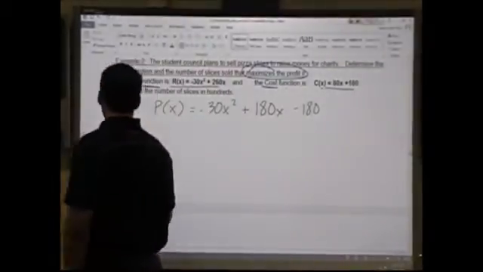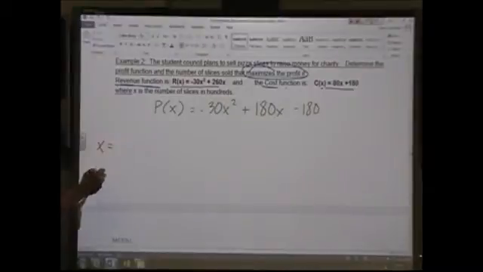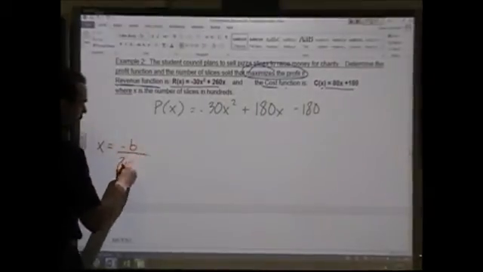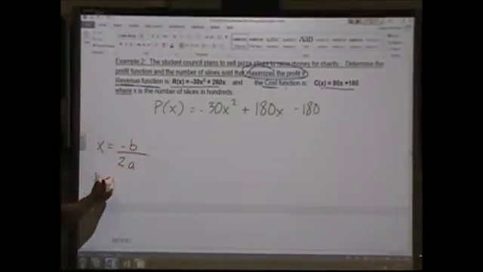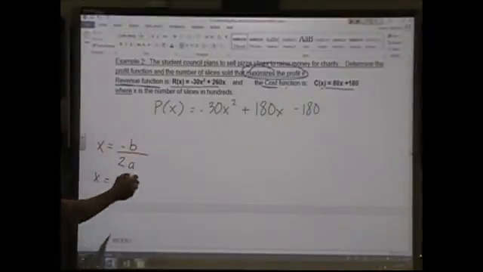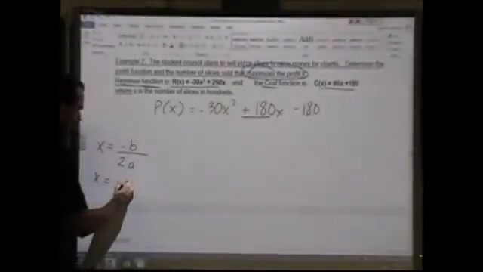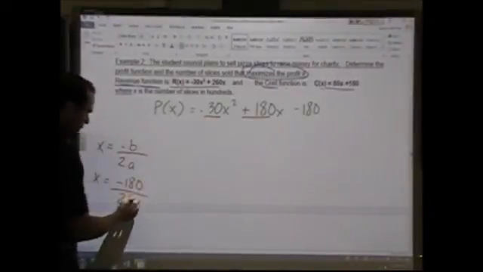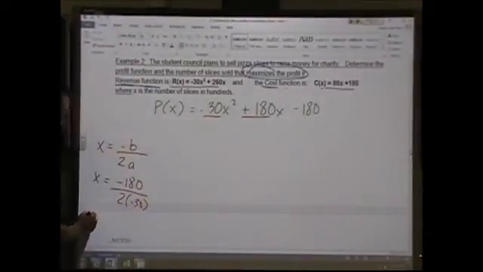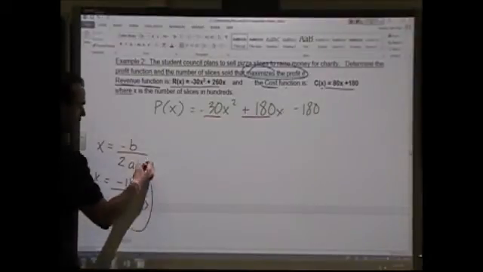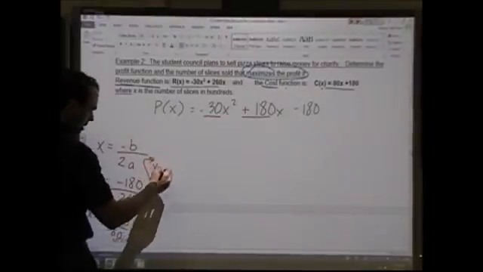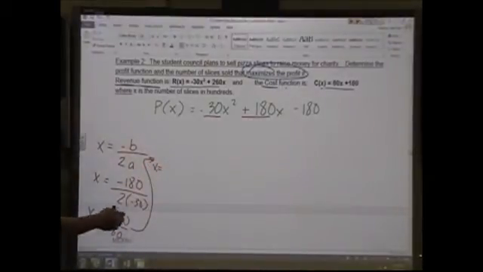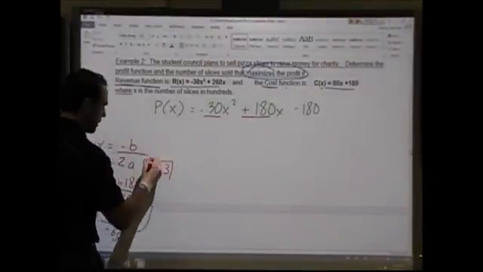That's what I'm going to do. I know that the equation of the axis of symmetry is negative b all over 2a. In this case, x is equal to negative, and then b is 180, all over 2 times a, which is negative 30. Continuing this, x is equal to negative 180 all over negative 60. So x is equal to negative 180 divided by negative 60, which is positive 3.